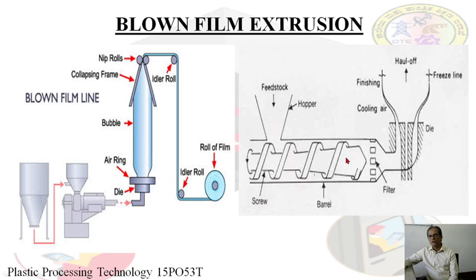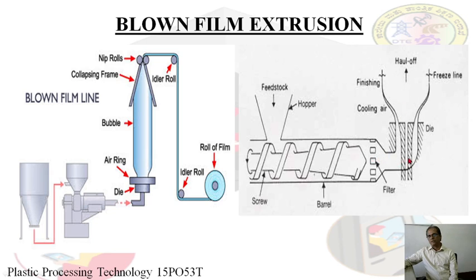From here the extruder screw is there, and the screw barrel arrangement is shown. Already we had discussed this in our session 1E1, and in this case the common type of extruder will be there. From there, not like a pipe die, here a film die is used. The film die is not a straight die, it is of this L shape.